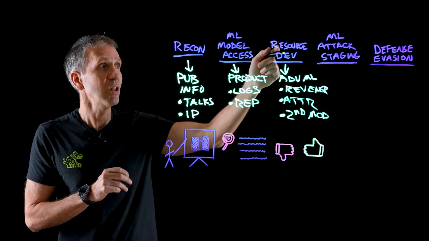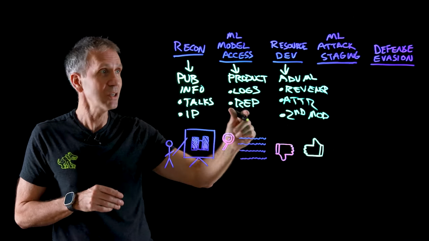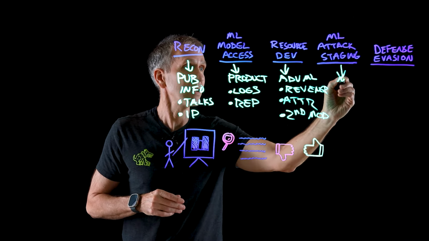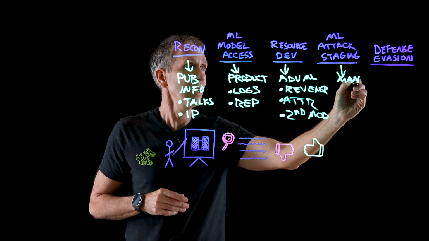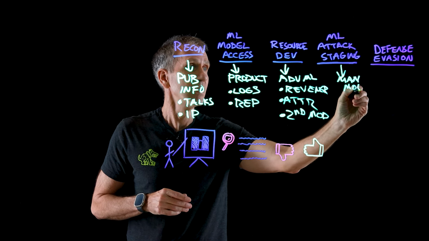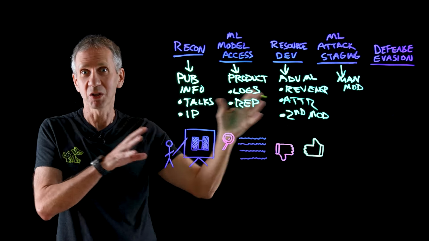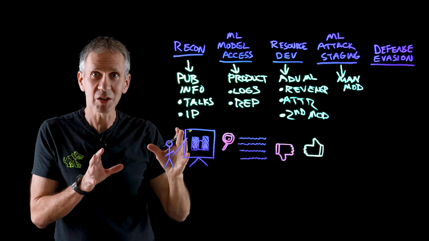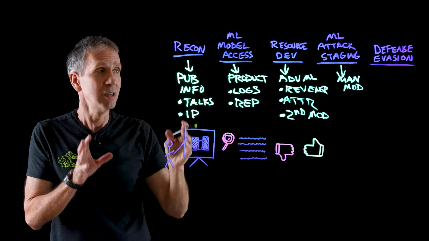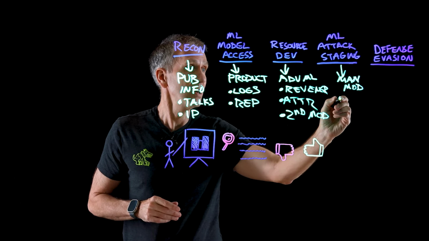Then the ML attack staging. In this case, what they did was a manual modification. They go in and modify the malware that's being submitted into the system. And in this case, what they did was they appended just a little bit of good information.